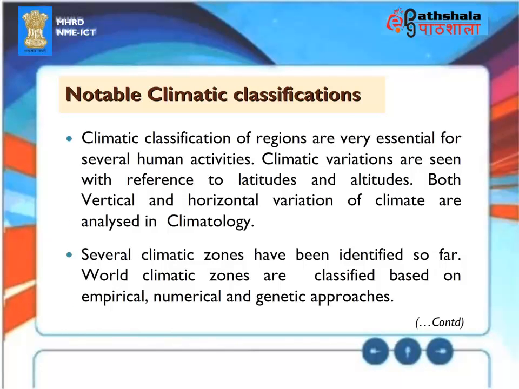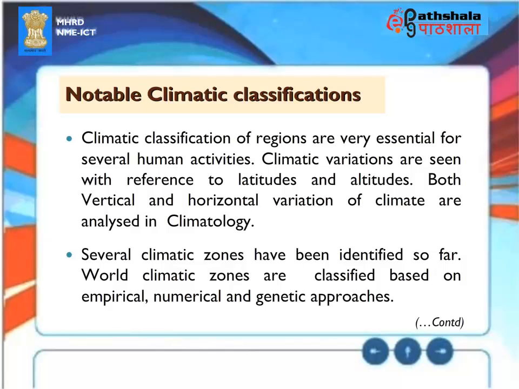Notable climatic classifications. Climatic classification of regions is very essential for several human activities. Climatic variations are seen with reference to latitudes and altitudes. Both vertical and horizontal variation of climate are analyzed in climatology. Several climatic zones have been identified so far.